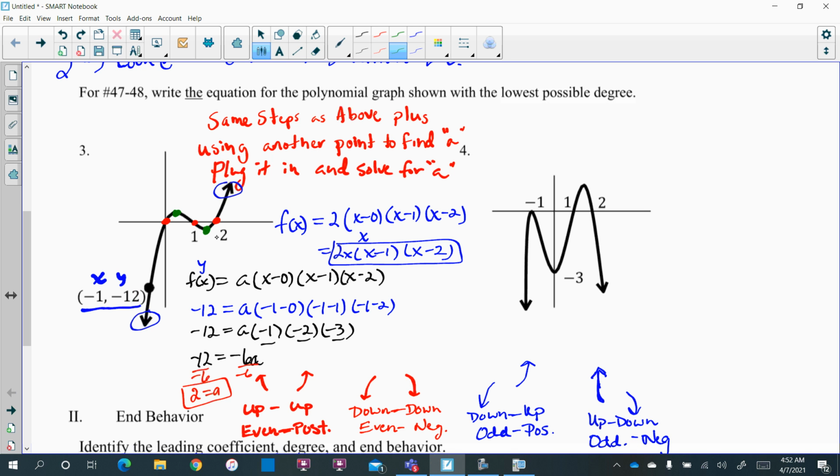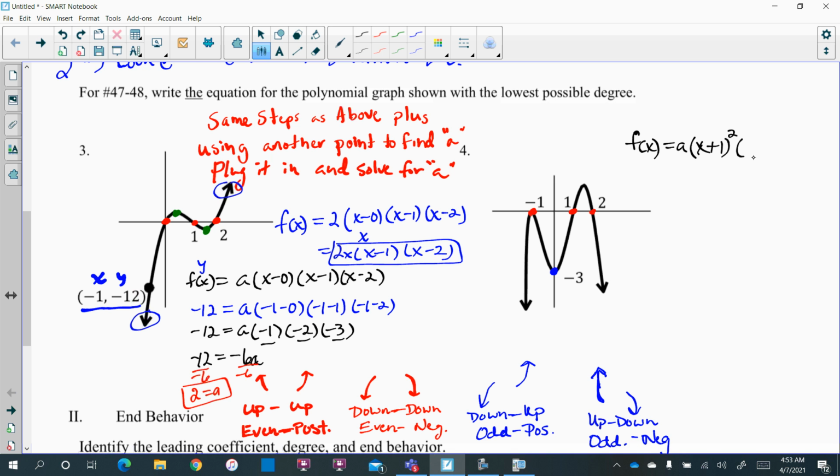So once you try number 4, use your zeros, which are negative 1, positive 1, and 2, and use your y-intercept as your other point. Starting off, f of x equals a, and then you can do x plus 1, because this is a bounce at x plus 1, this first one there, and bounce means it has to be at least even.